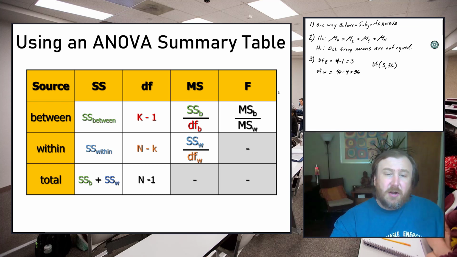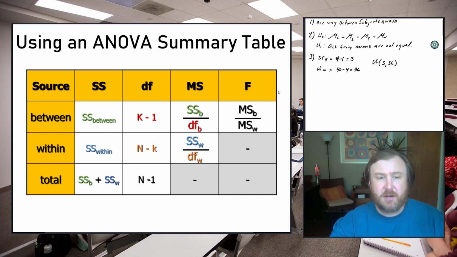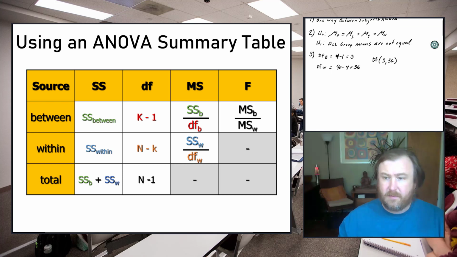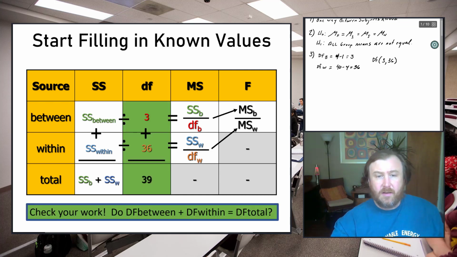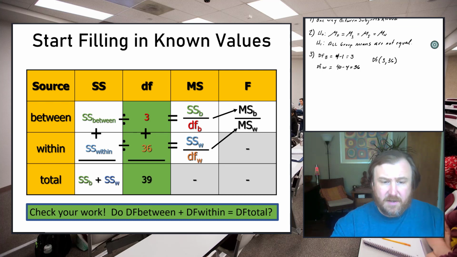Now, it's good practice to go ahead and put that information into your table. So here we have 3 degrees of freedom between, 36 degrees of freedom within, and then we add them up to get our degrees of freedom total, which is 39.